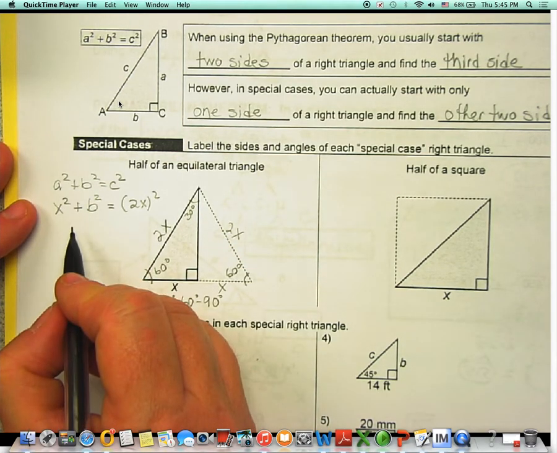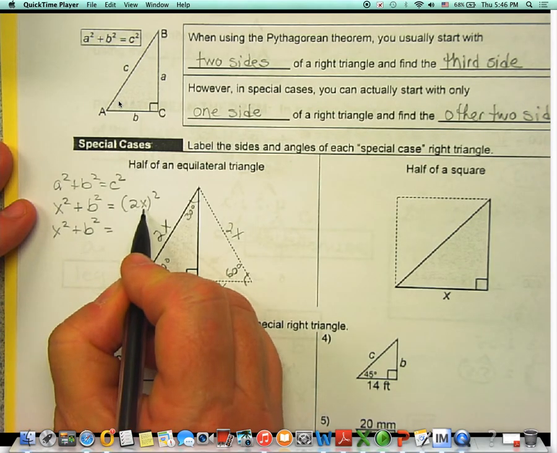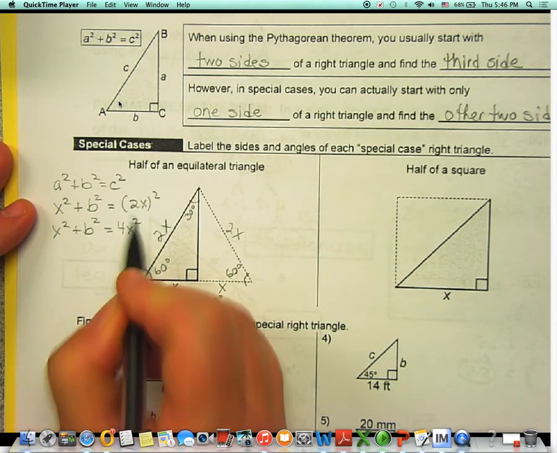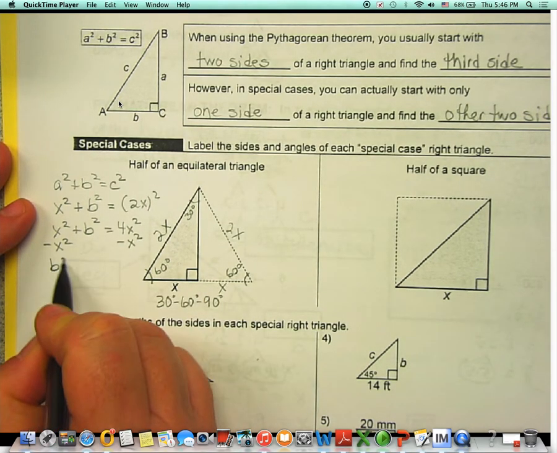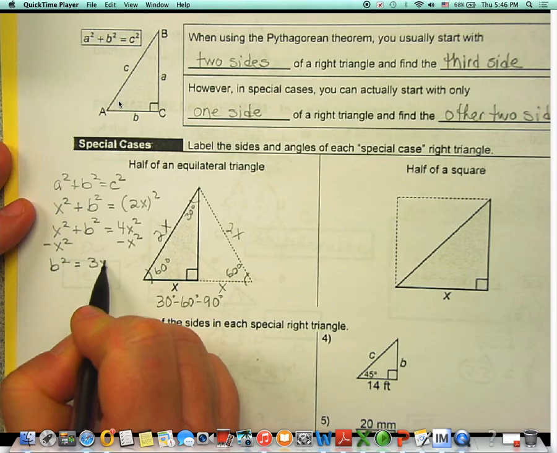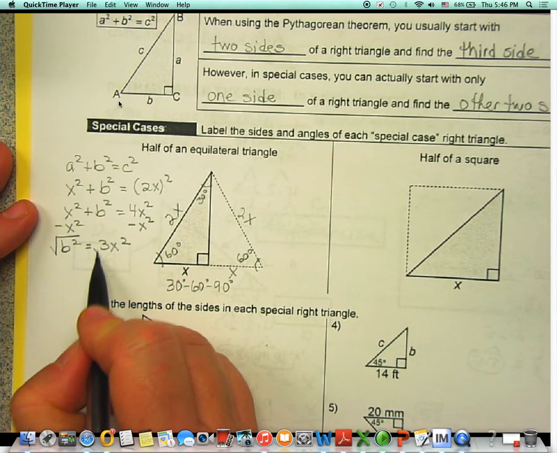Then we square 2x: 2x times 2x is 4x squared. Subtract x squared from both sides, and we get b squared equals 3x squared. Then to get b by itself, we take the square root.